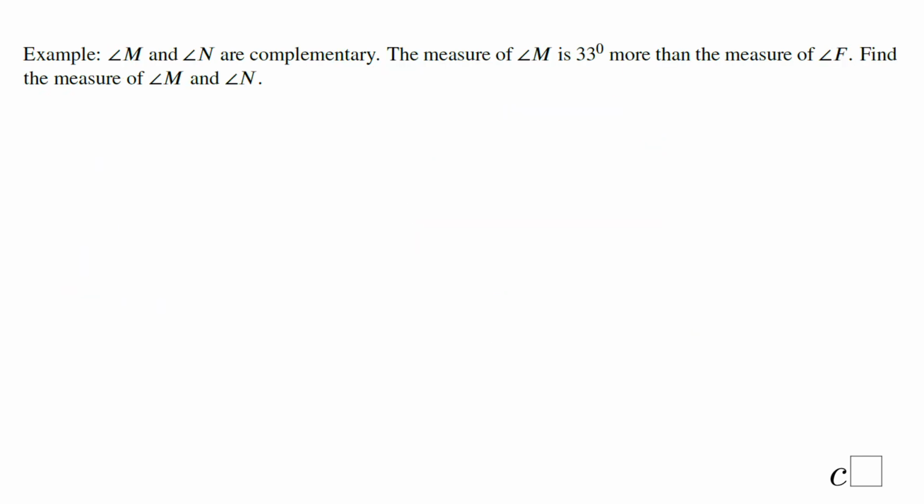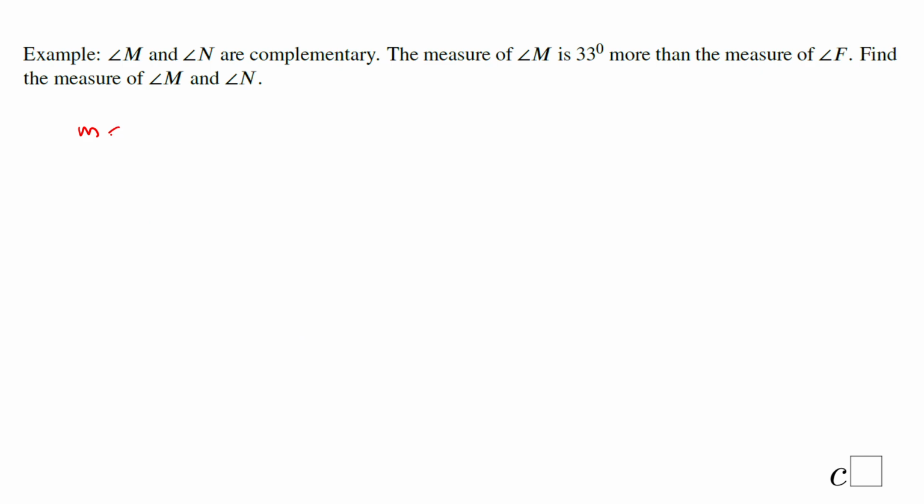A very similar problem, but now we know angles M and N are complementary. The measure of angle M is 33 degrees more than the measure of angle N. Find the measure of angle M and angle N. So very similar.